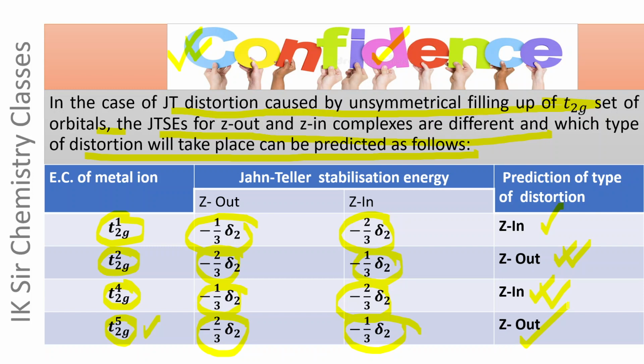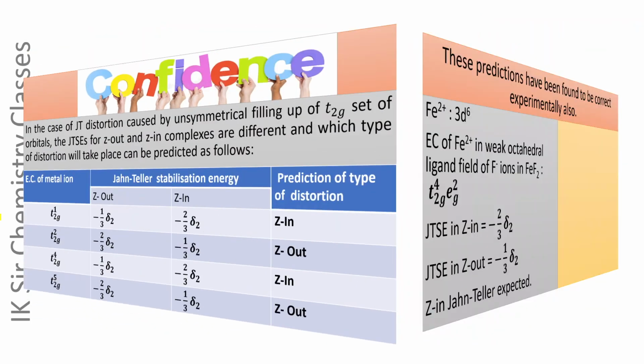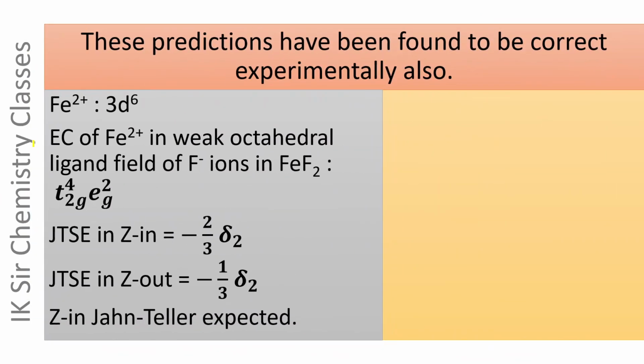Thus, the type of Jahn Teller distortion, Z in or Z out, can be predicted with confidence if this distortion arises due to unsymmetrical filling up of the t2g set of orbitals. Let us see an example.